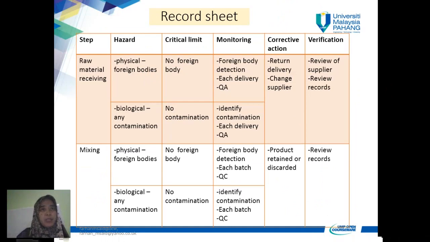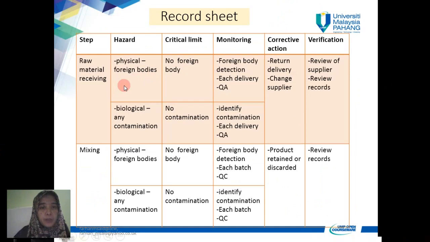If your raw material is free from chemicals, then you don't have to mention chemical. But if your raw material is a product processed using chemical processing, then you have to put the hazard under chemical categories.